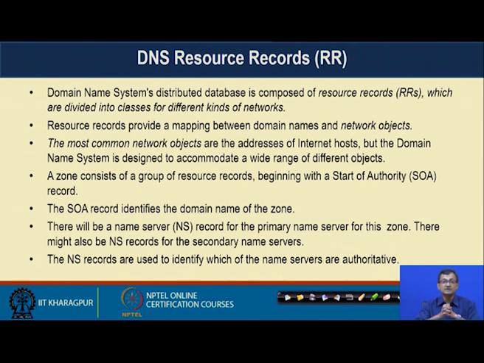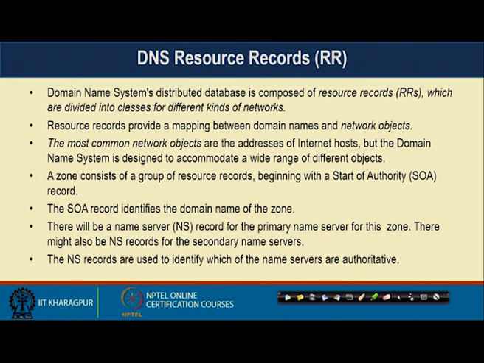A zone consists of a group of resource records beginning with a start of authority, SOA, record. So, a particular zone has a group of resource records, but it starts with the start of authority. There will be a name server NS record for the primary name server for this zone.